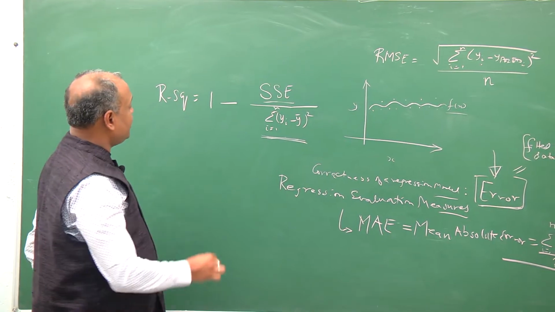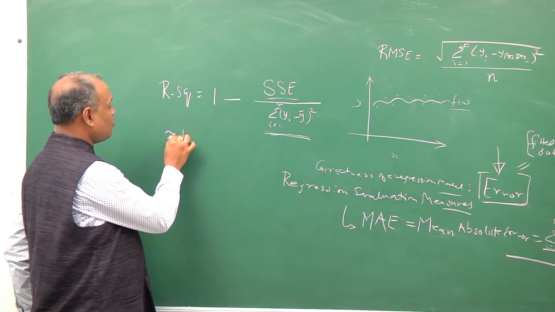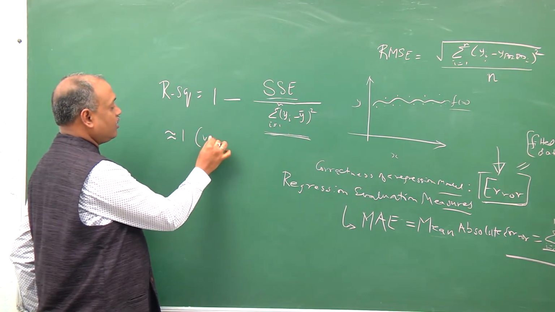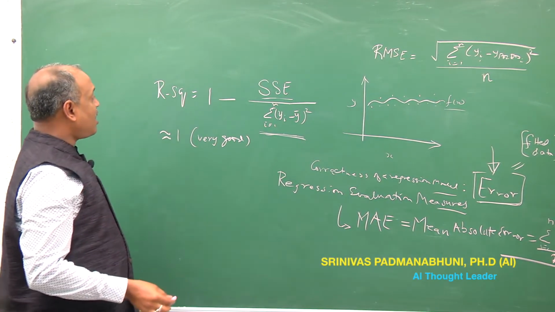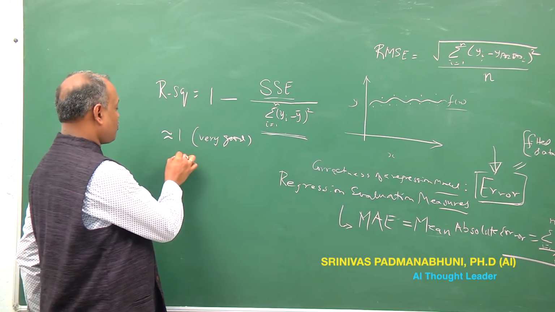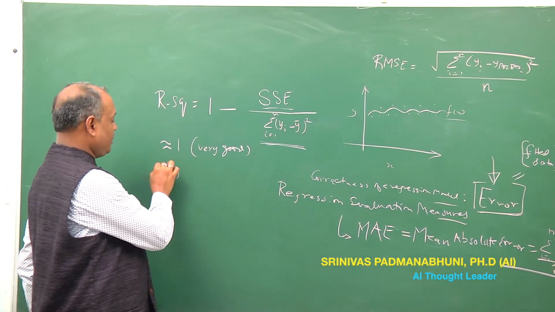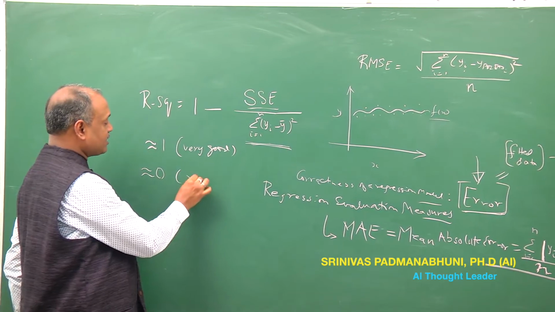If R square is 1 or close to 1, it means a very good regressor. If R square is close to 0, that means it is as good as the mean.